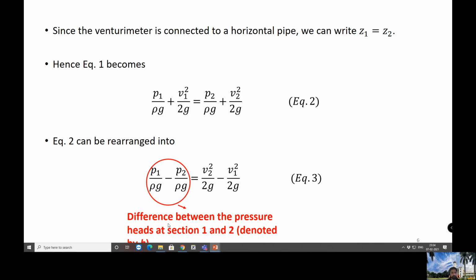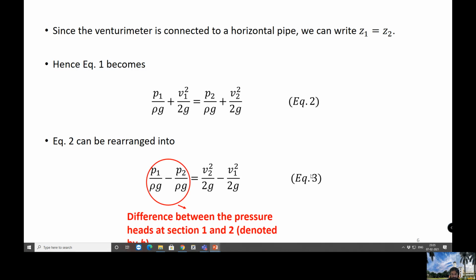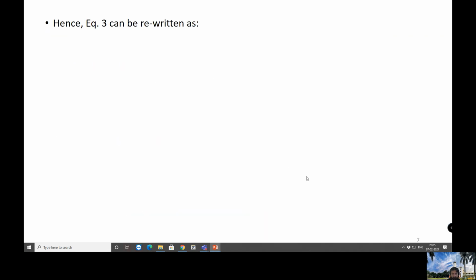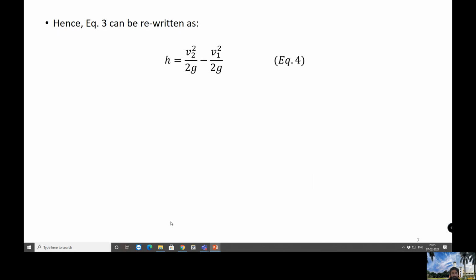Pressure heads we were measuring from the pressure taps. And this is denoted by H. Therefore, this equation number 3 can be written as H, because we wrote P1 by rho g minus P2 by rho g as H, equal to V2 square by 2g minus V1 square by 2g.